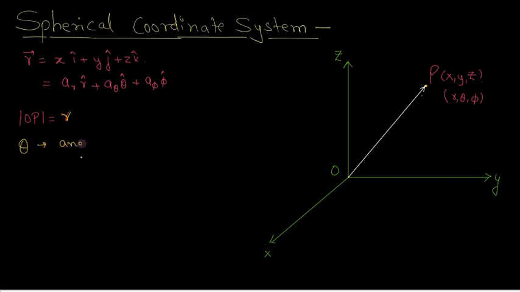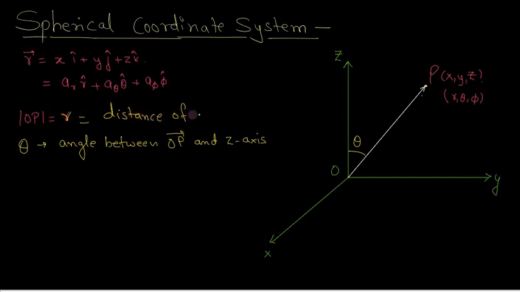Theta is the angle between the OP vector and the Z axis. So this is the angle theta. What your r is, that is the distance of point P from the origin.